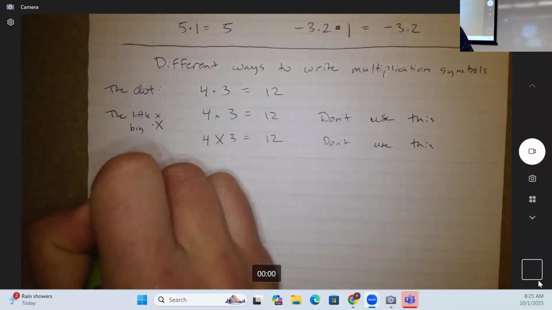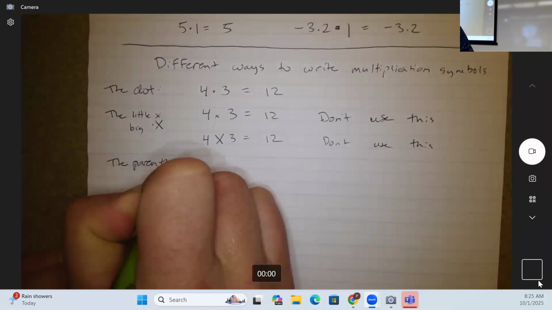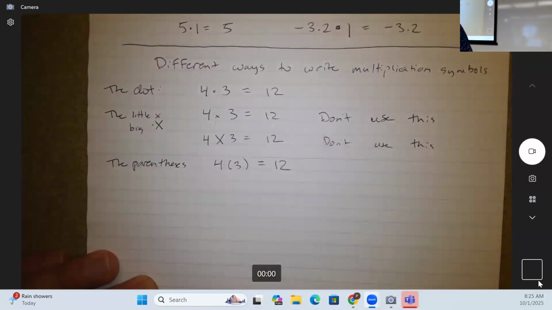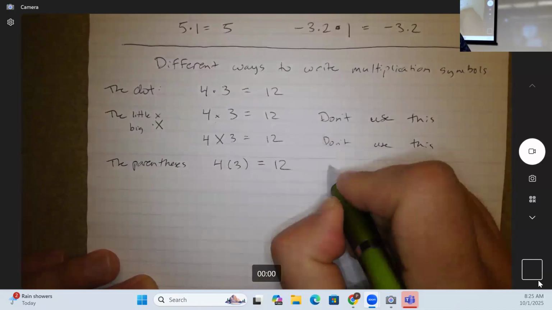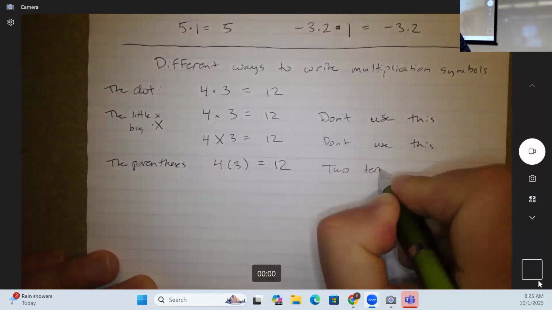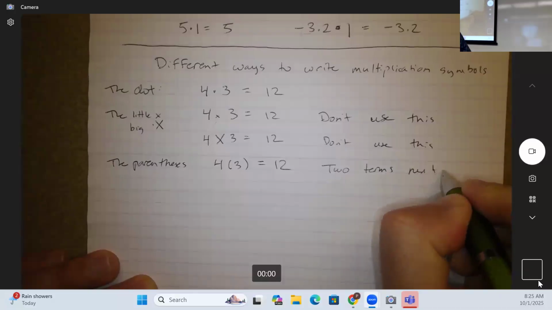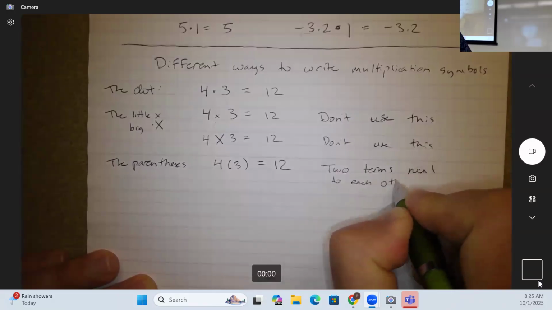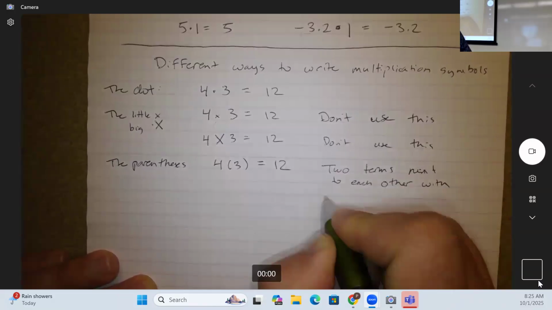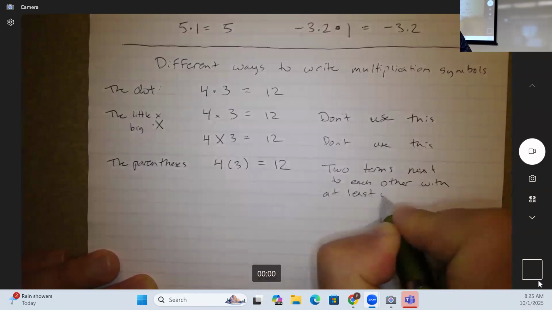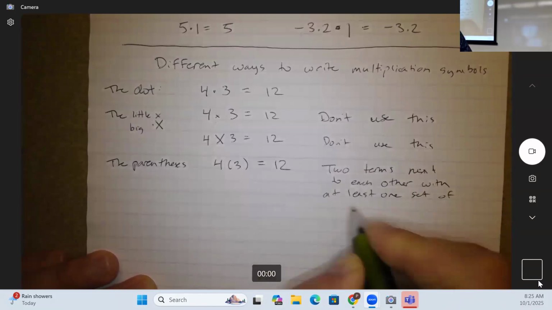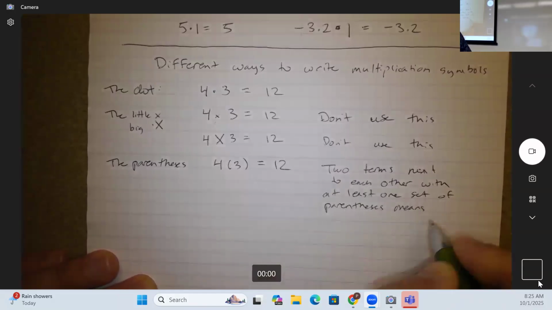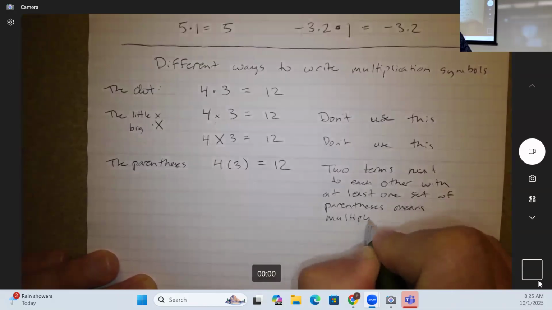The parentheses. 4 times 3. Two terms next to each other with at least one set of parentheses means multiplication.